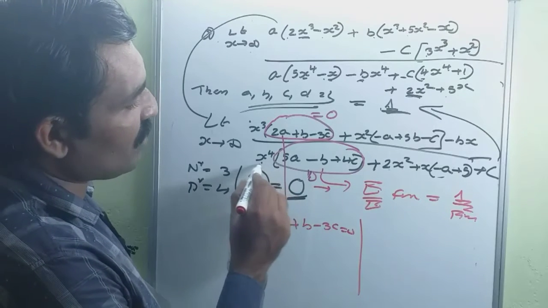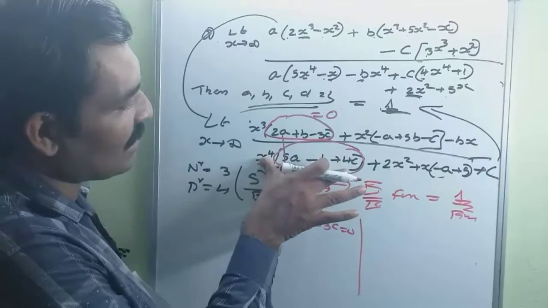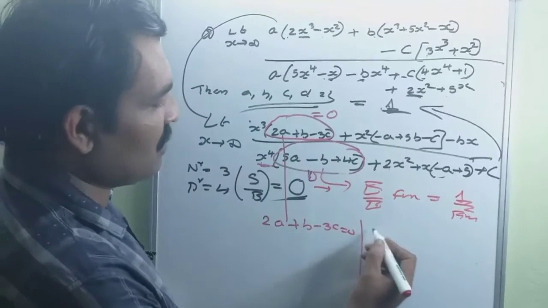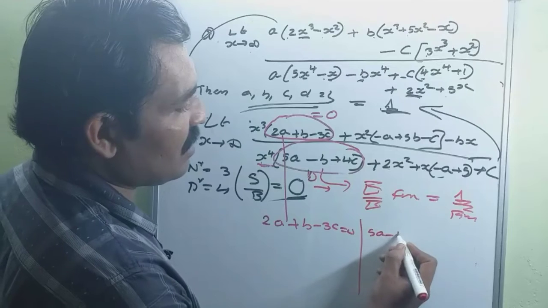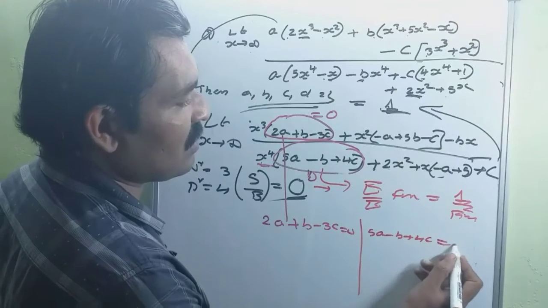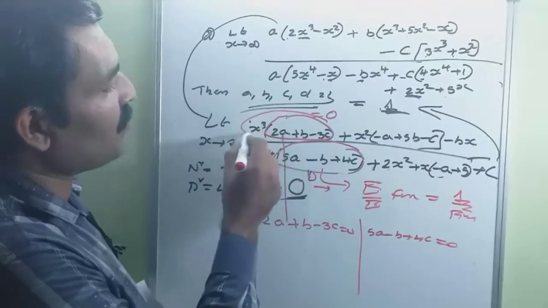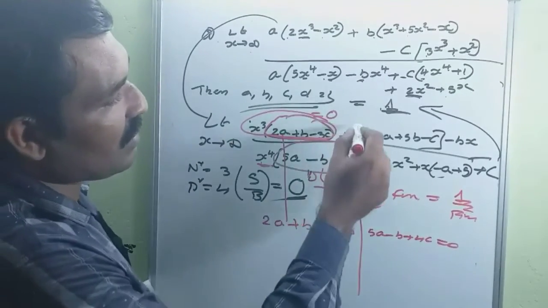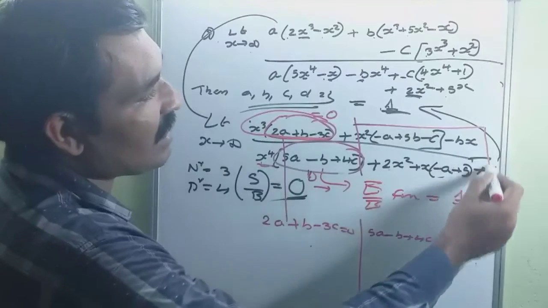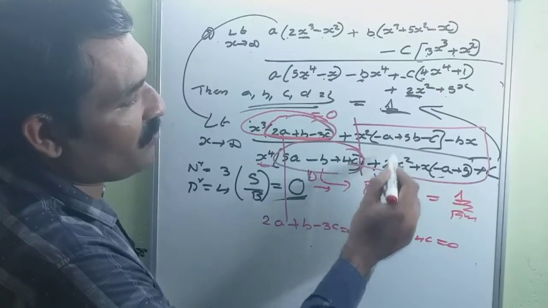Then the coefficient of x raised to 4 is equal to 0, so this entire term becomes 0. That means 5a minus b plus 4c is equal to 0. By putting this equal to 0, this entire term vanishes. Then the remaining expression becomes an equal by equal degree form.